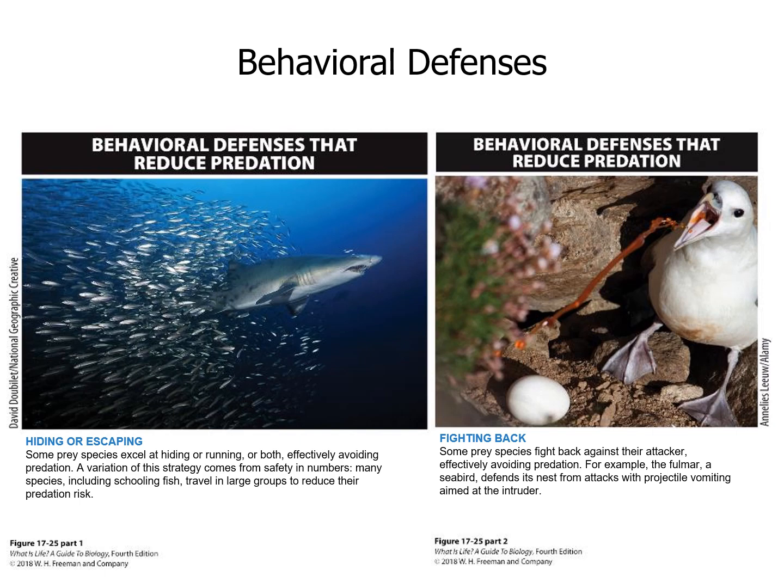And then the other thing that you can do as a prey species is to fight back. And you can do this by either alarm calling or by actually physically fighting back. So maybe using some type of mob technique, or like this fulmar, which is a type of seabird, it will projectile vomit to defend its nest.